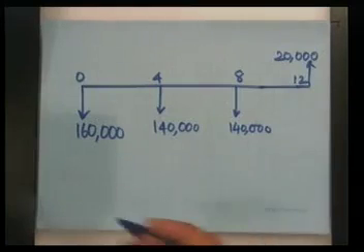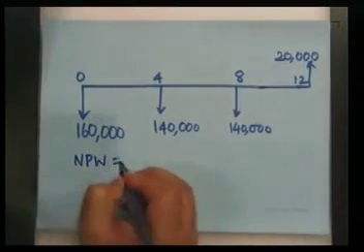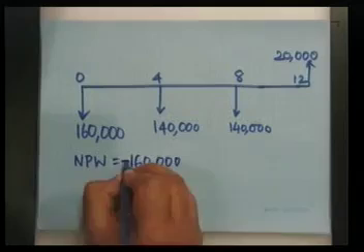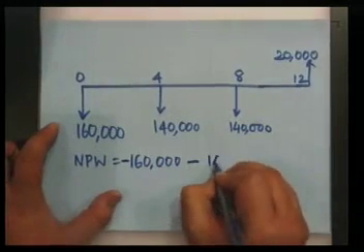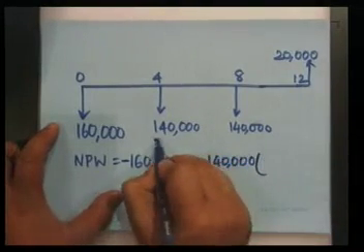So, now this becomes very simple. The net present worth NPW would be 160,000, of course in negative, minus 140,000. This becomes F for me.